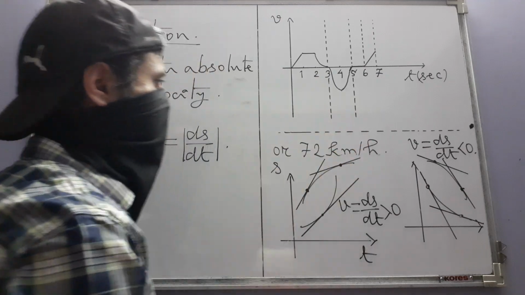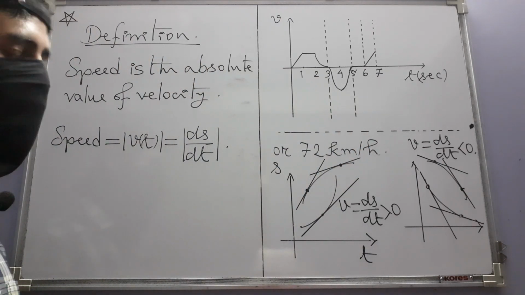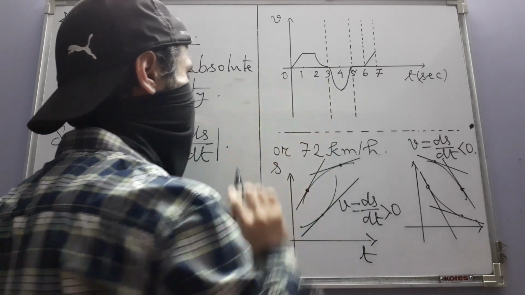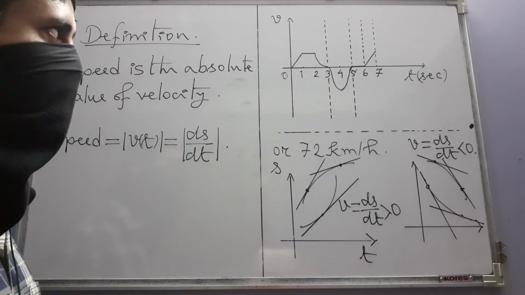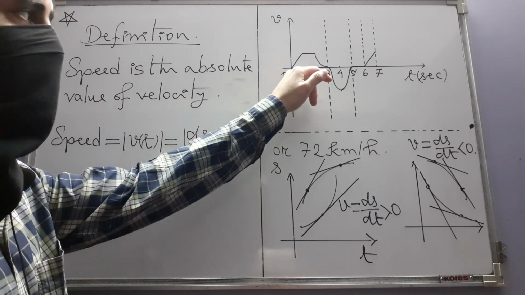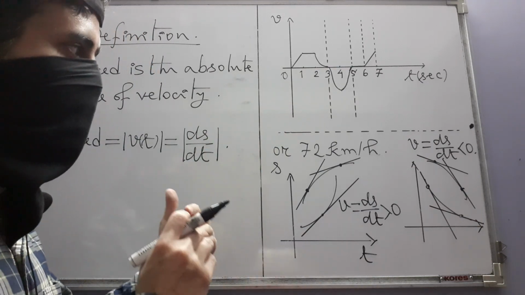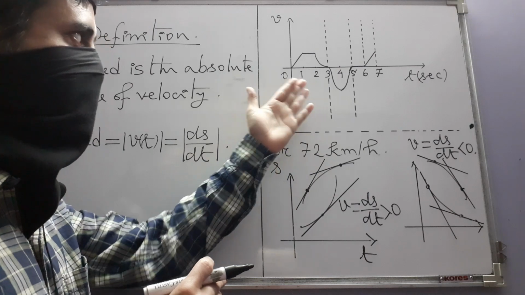So what is happening here? Let's see. The object, of course, started moving when t is 0 seconds. At that instant, 0 seconds, there was no motion. Just after that instant, the object started moving.